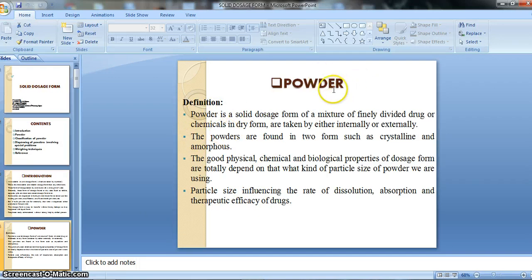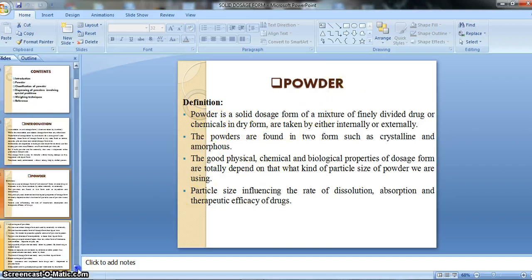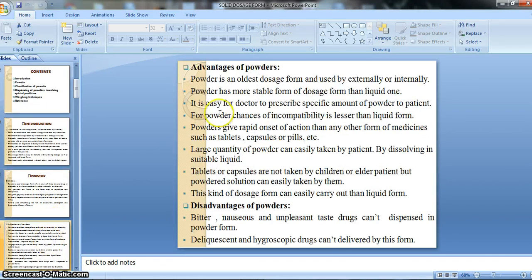In powder we covered the definition and some related information, then the advantages and the disadvantages of powder.